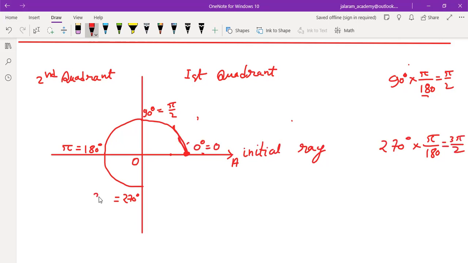So from pi to 3 pi by 2, the third quadrant will be there. And from 270 degree to 360 degree, or we can say 2 pi, is the fourth quadrant.